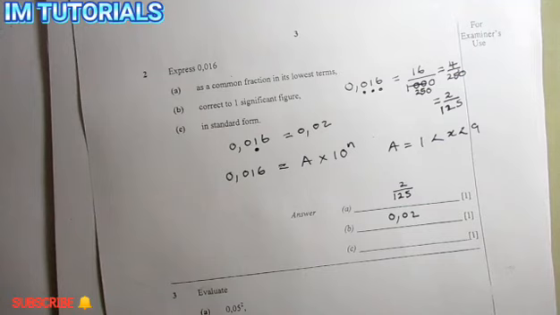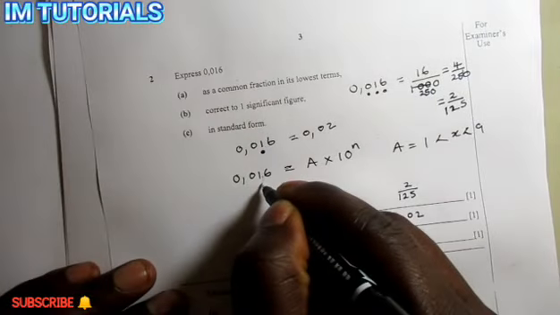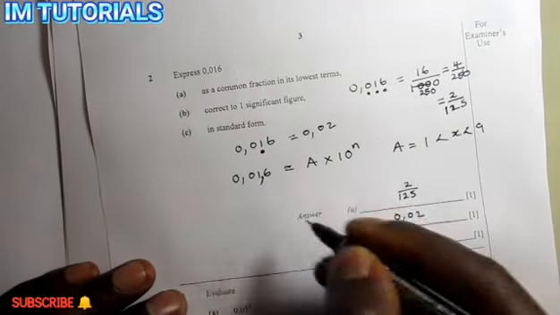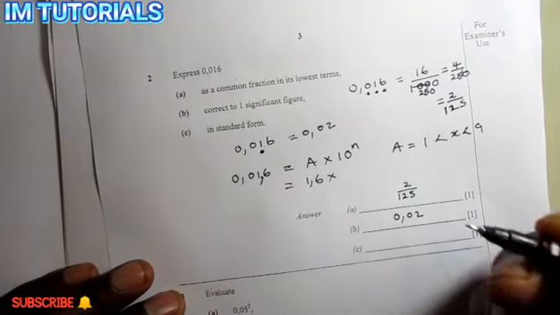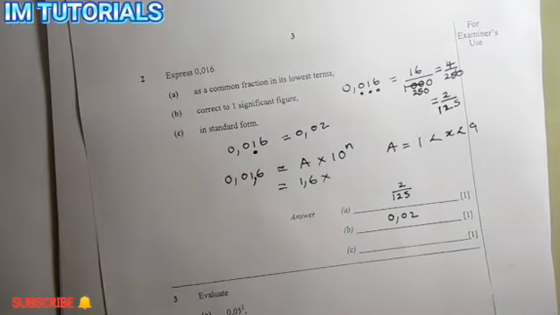Any number which is not in the range of 1 up to 9 must be adjusted. For example, 0,016 is less than 1, so we need to adjust it so that the number becomes 1 to 9 by placing a comma between 1 and 6. So your a is going to become 1,6, which is a number between 1 and 9. I hope you are following, class.